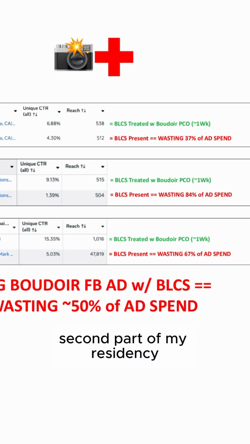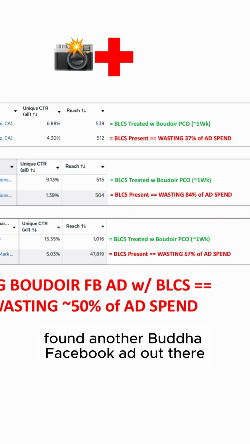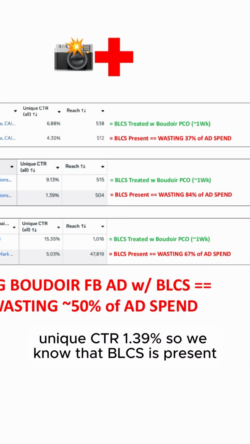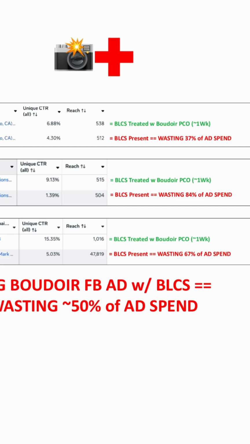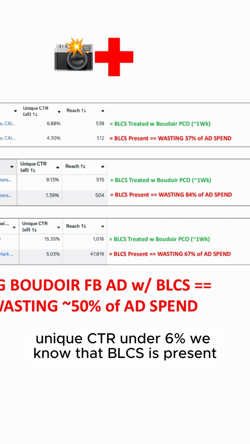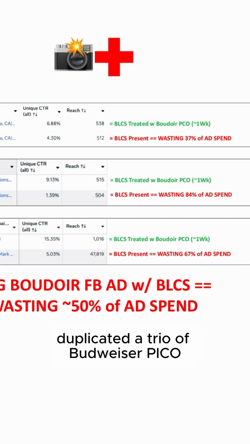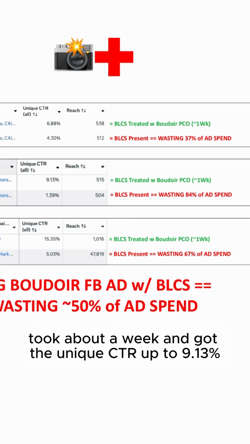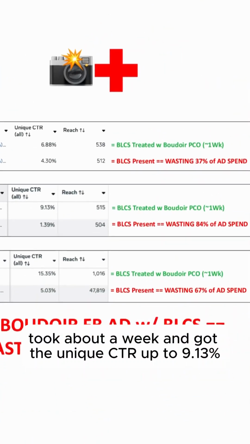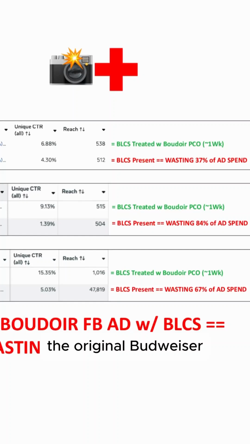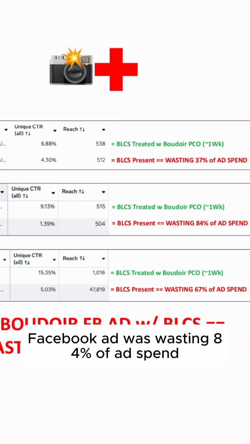Second part of my residency, found another boudoir Facebook ad out there. Unique CTR 1.39%. So we know that BLCS is present. Now we duplicated it, treated it with Boudoir Pico, took about a week, and got the unique CTR up to 9.13%. So we found out the original boudoir Facebook ad was wasting 84% of ad spend.